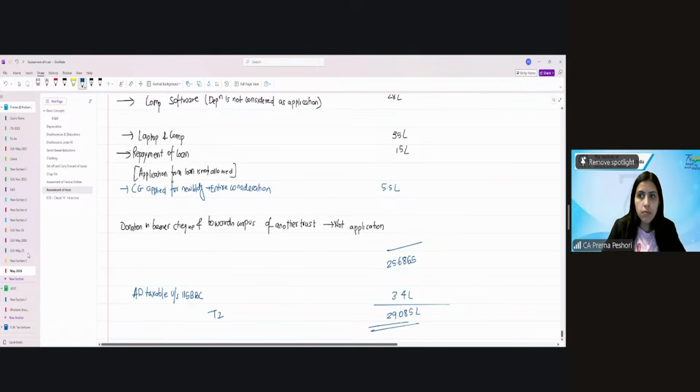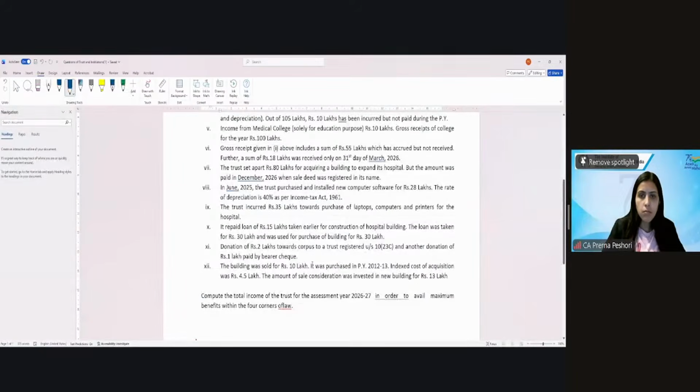Ma'am, last adjustment is there, no? About this capital gain. 13 lakhs building is purchased. Acquisition is 4.5 lakhs. And it's sold for 10 lakhs. So we have taken 5.5 lakhs, and what about this 3 lakhs? The sale consideration that is invested in new building?